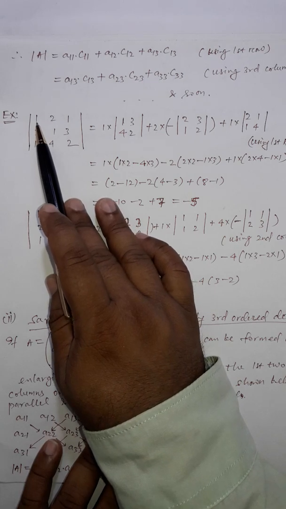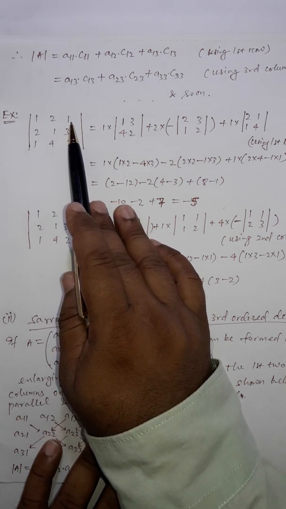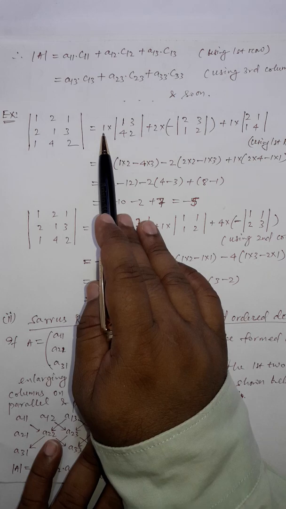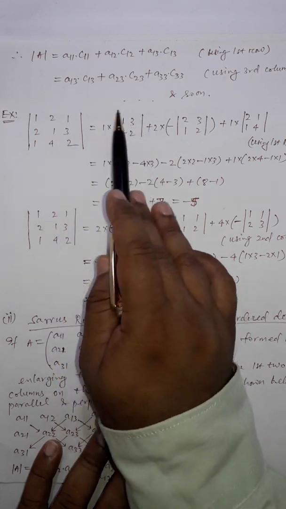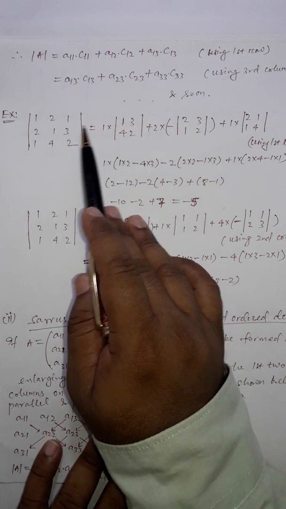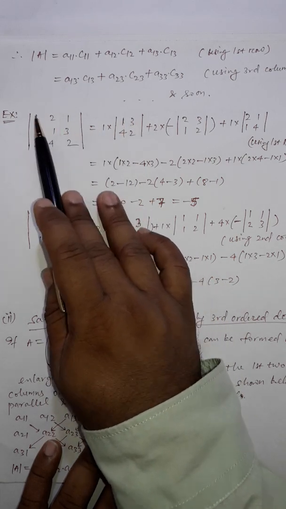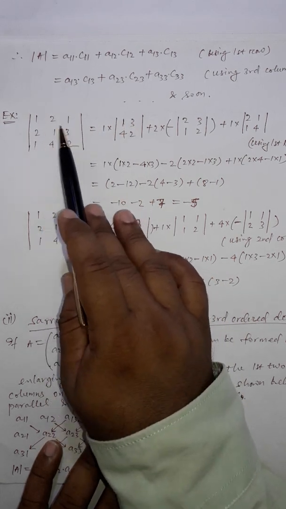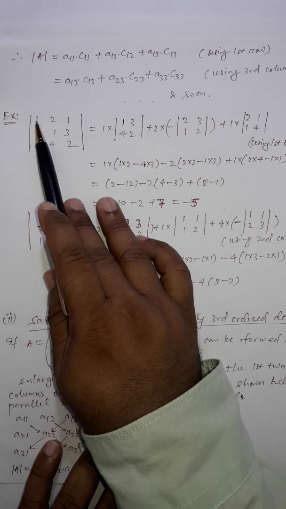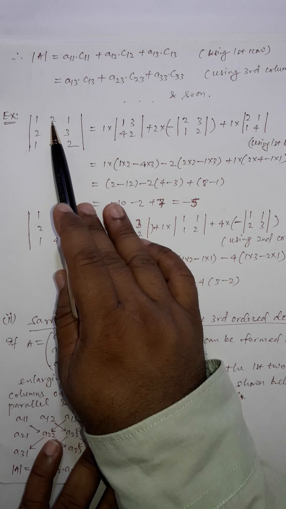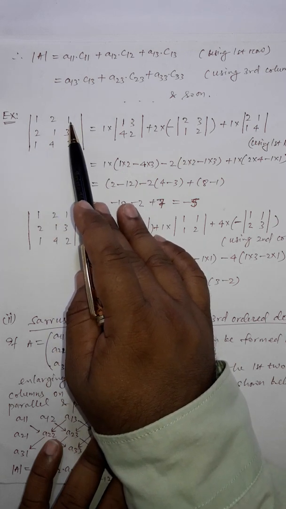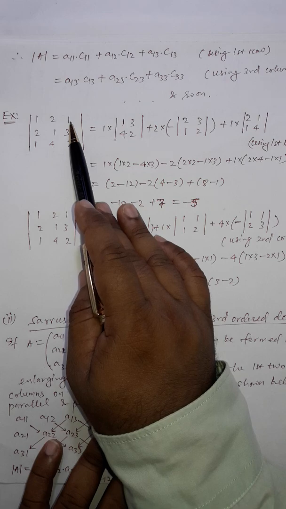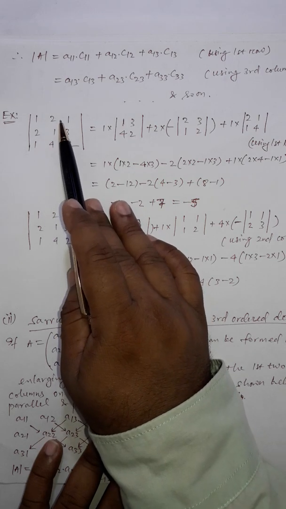The first row elements are 1, 2 and 3. So, first element 1 with its own cofactor. The cofactor is obtained by removing its row and column, and taking the determinant that remains. The sign of this first element is positive, then the sign of the second element is negative according to its cofactor, and the sign you will use in the third position is positive: positive, negative, positive.